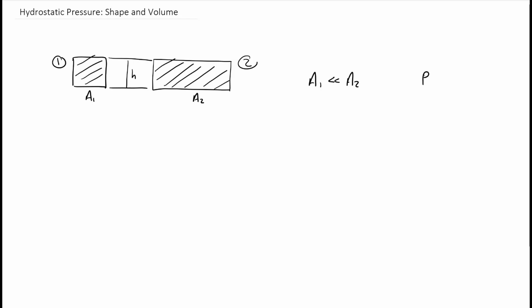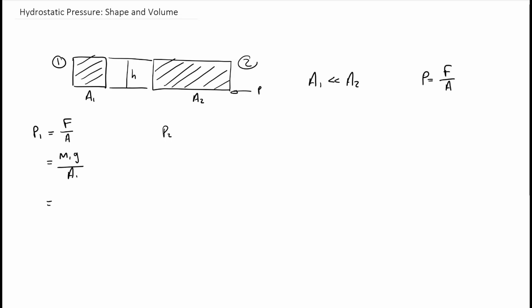Now we know that pressure equals the force divided by the area. So let's calculate P1 and P2 at the bottom of the tanks. Let's start with the one on the left and say P1 equals F over A. F equals the mass in 1 multiplied by the gravitational constant over the area at the bottom.